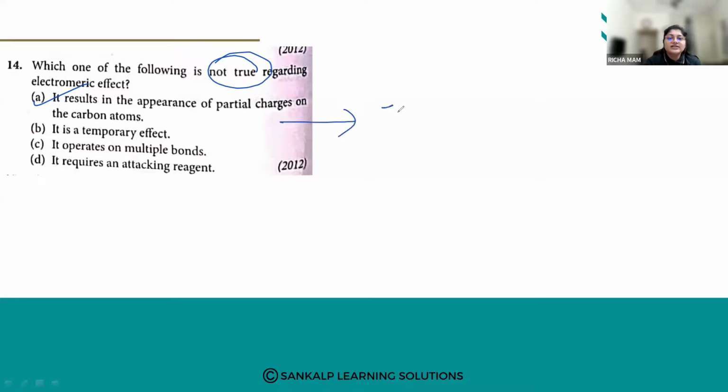The formation of partial charges appears in the inductive effect. So option A is not true regarding the electromeric effect. Yes, so option A is the answer.